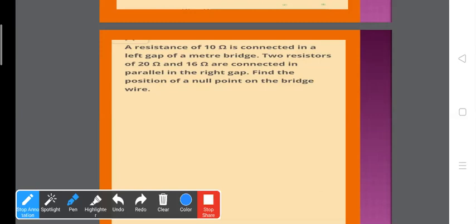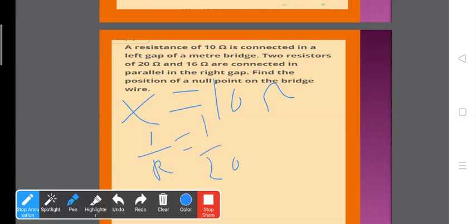So the left gap resistance is 10 ohm, and for the right gap resistance we first combine these two resistances in parallel. In parallel combination, 1 upon R equal to 1 upon 20 plus 1 upon 16.